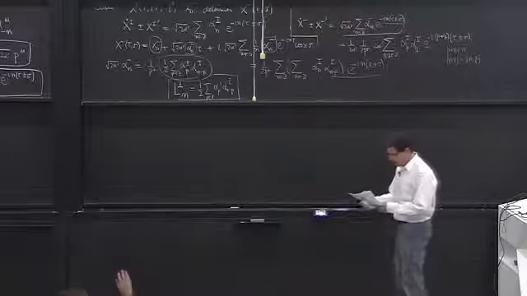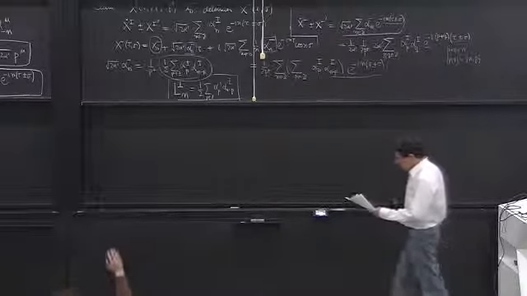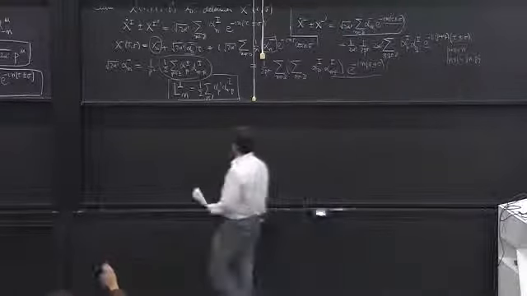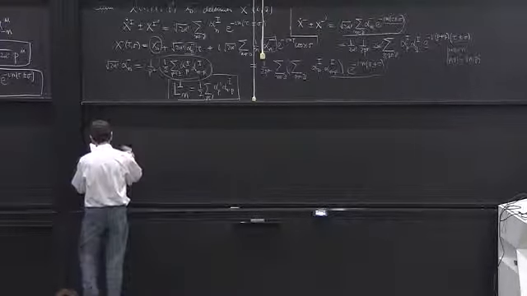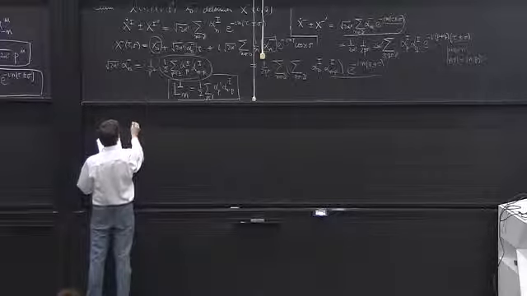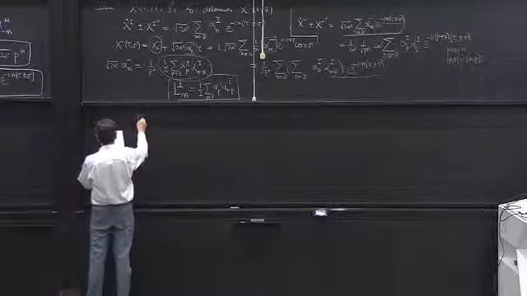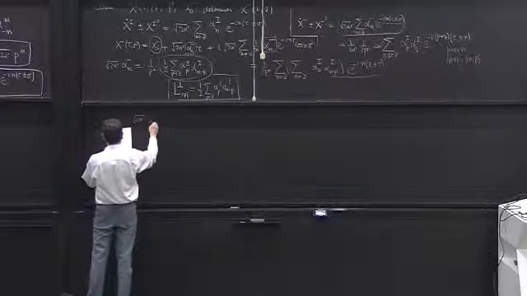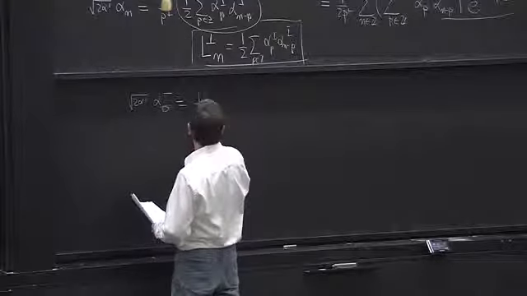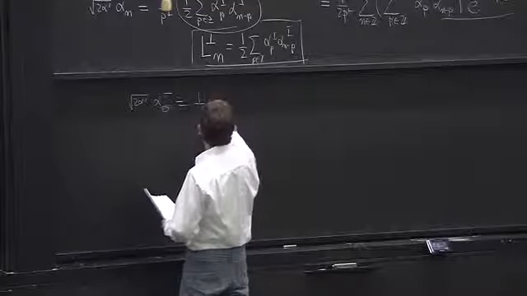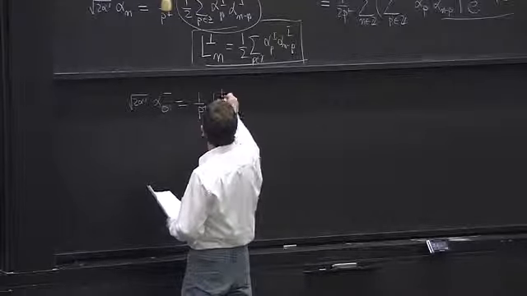There we go. One more thing. For n equals 0, n equals 0 is particularly interesting. So what do we get from n equals 0? We get square root of 2 alpha prime alpha_0^- is equal to 1 over p^+ L_0^perp.